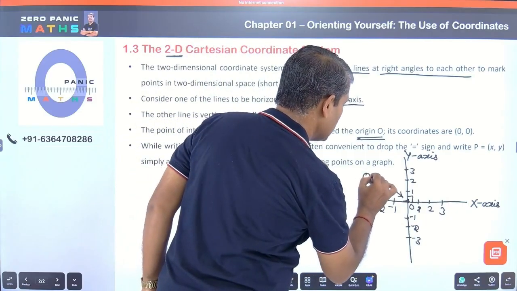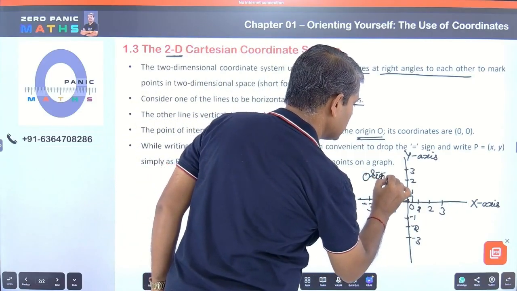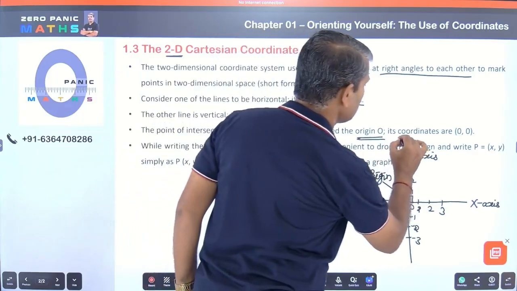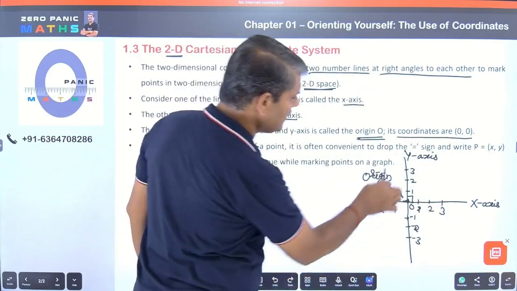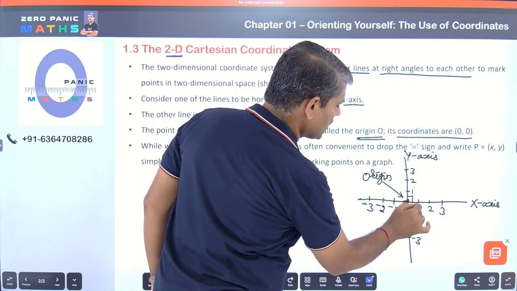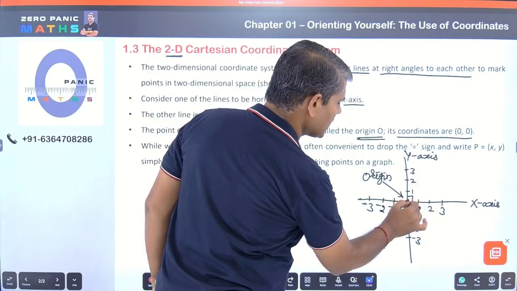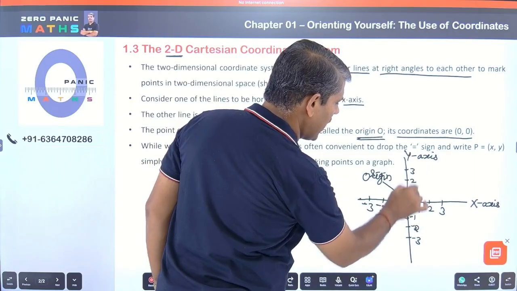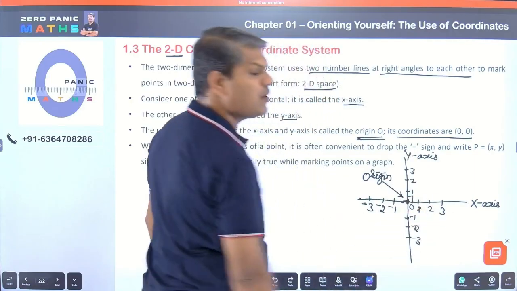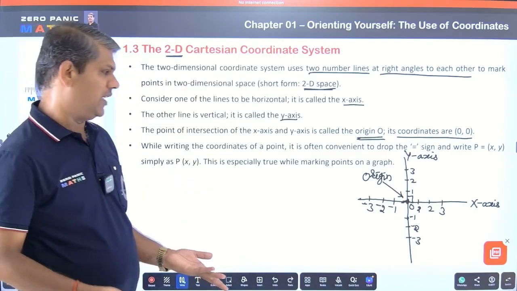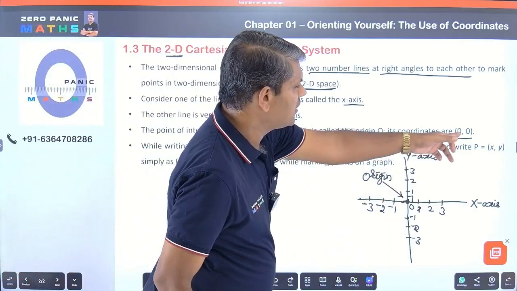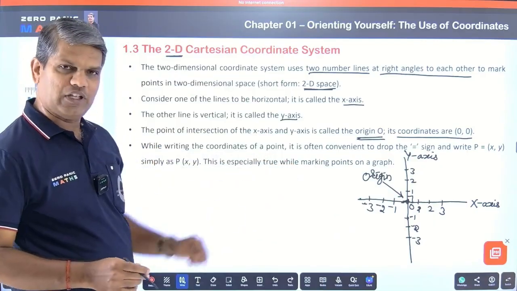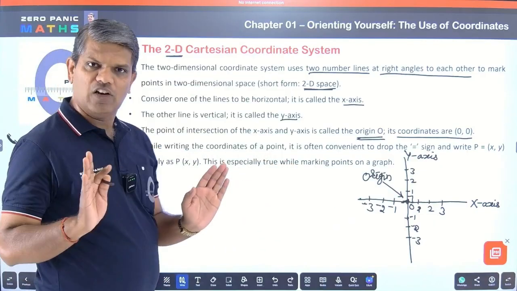The coordinates of the origin are 0, 0, because it is the point where x is 0 and the y coordinate is also 0. That's why the origin is represented by the two numbers 0, 0. Are you following this?